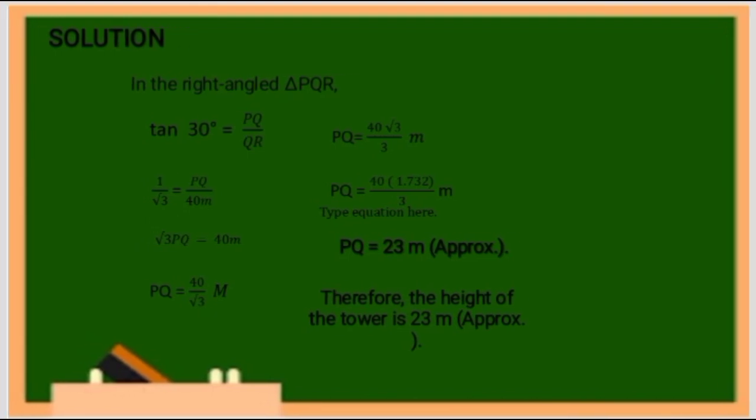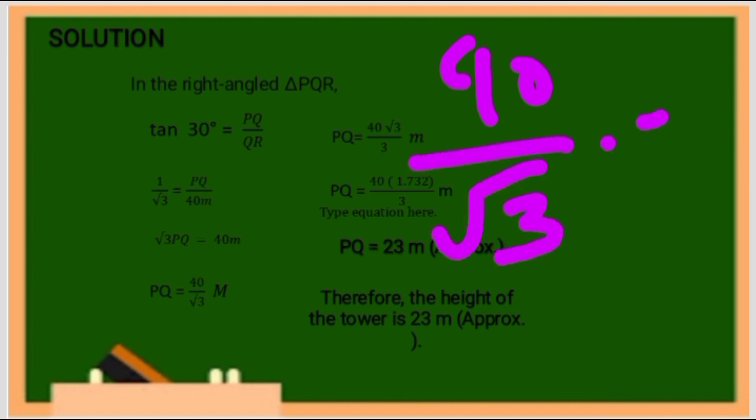So we have here 40 over square root of 3 times square root of 3 over square root of 3.